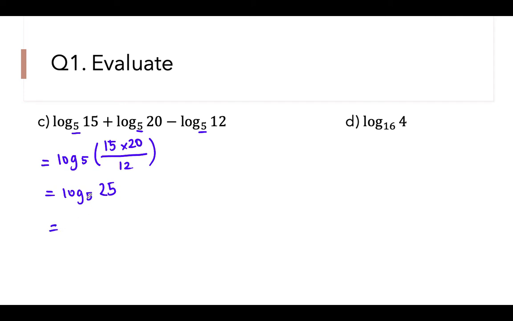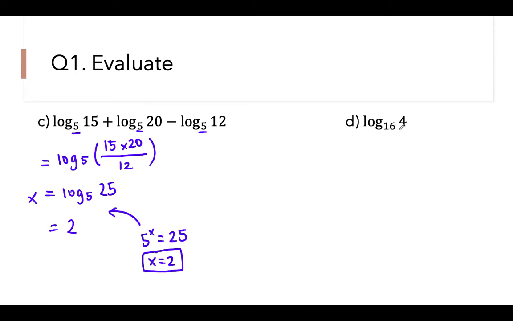And again, 5 to an exponent of something should give me 25. It's going to be 2. You can write 2 right away, or you could say 5 to the x is equal to 25, assuming that this is x. X is equal to 2.